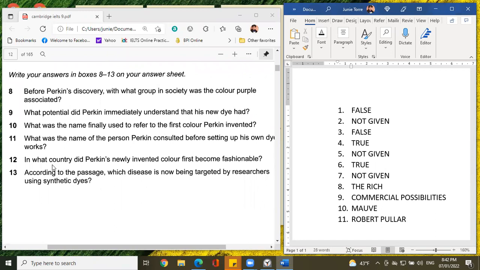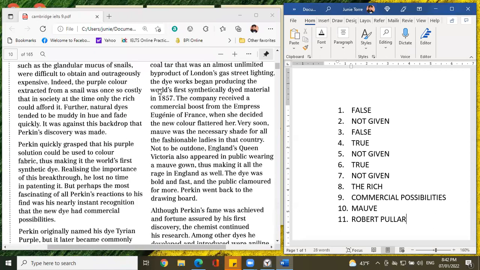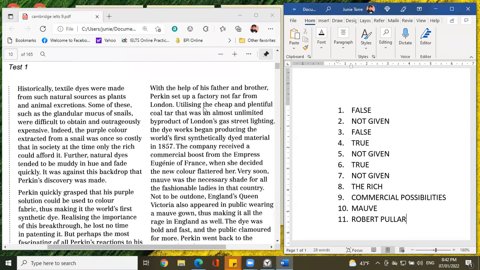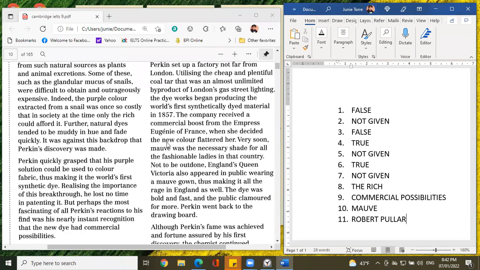Then, in what country did Perkins' newly invented color first become fashionable? London. Receive a commercial boost from the Empress Eugenie.